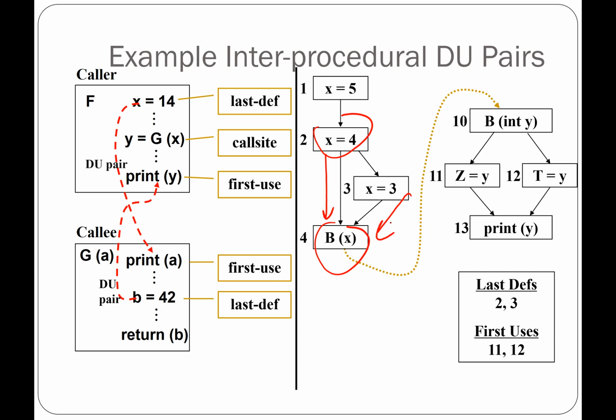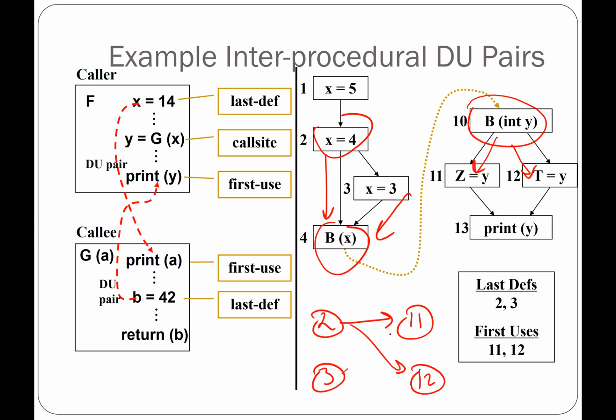And then when it got received over there, it could have first used in node number 11, or could have been first used in node number 12. So really, I have a situation where I have node 2 and 3, and where it could be reused in 11 and 12. And I have a 2x2 situation as such.